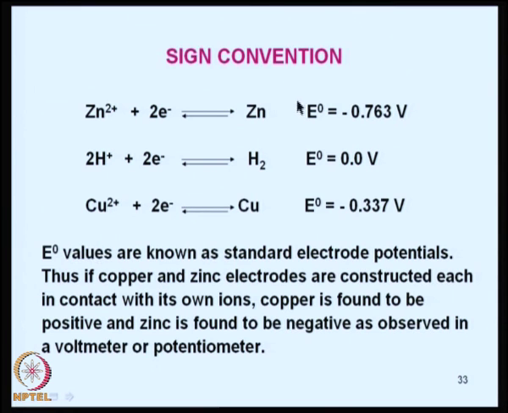So one is a reducing agent, one is an oxidizing agent, and this is a neutral reference, that is 0. The E naught values are known as standard electrode potentials. Thus, if copper and zinc electrodes are constructed, each in contact with its own ions, copper is found to be positive and zinc is found to be negative, as observed in a voltmeter or a potentiometer. So this is what the convention says: you write the oxidized species on the left and the reduced species on the right.